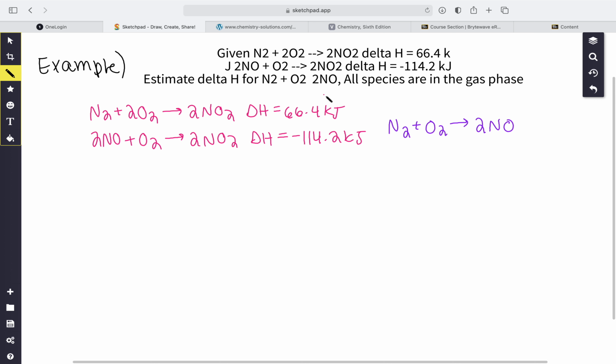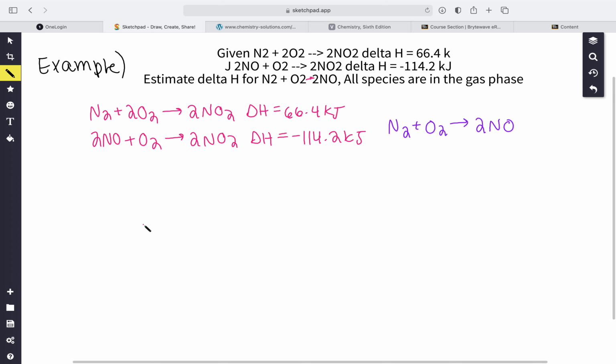Estimate the delta H for N2 plus O2 yields, there's supposed to be a yield sign there. Again, like it didn't copy right. Yields 2NO. And it just says in here all of these are in the gas phase, which doesn't necessarily matter for us, right?